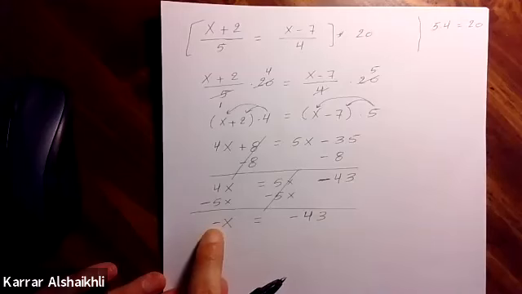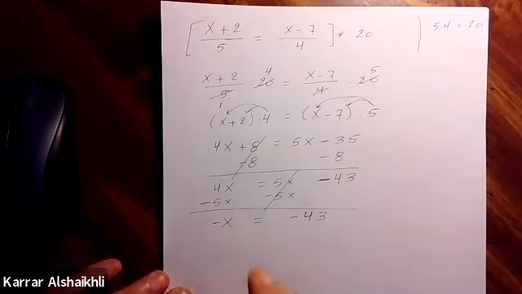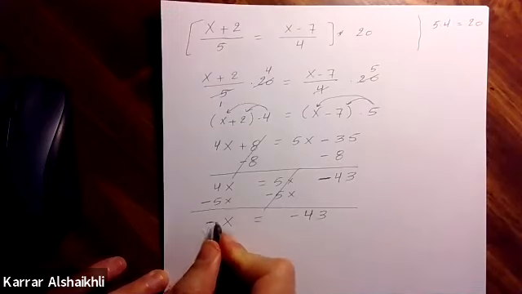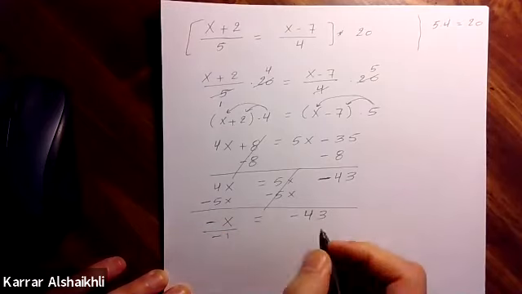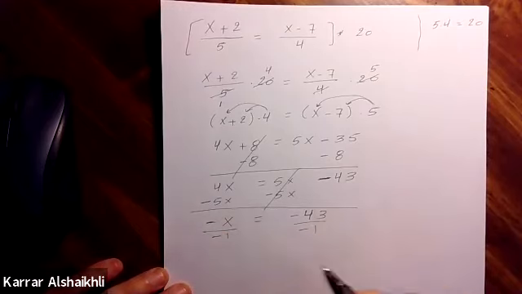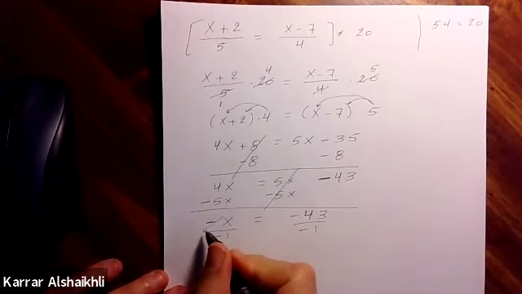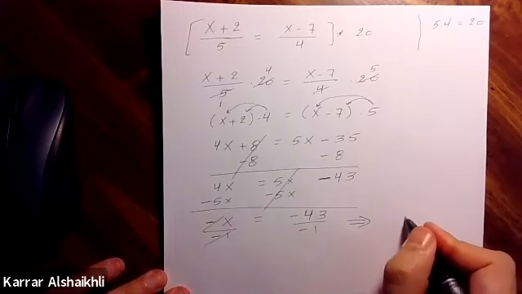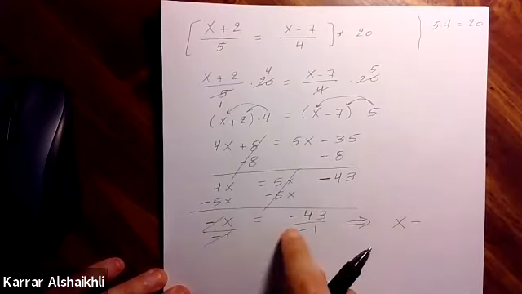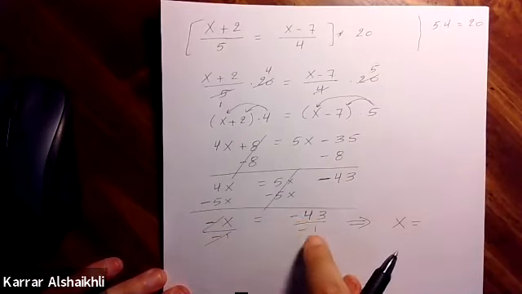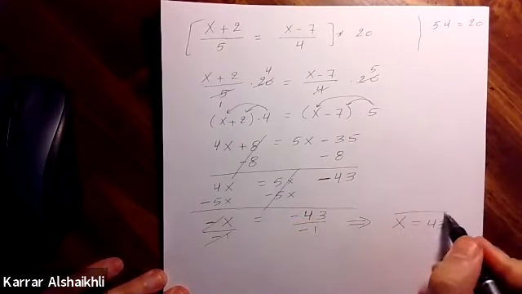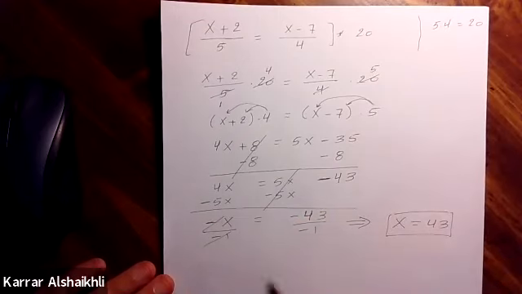By negative 1, because we need to keep the variable here, okay? The invisible 1, so I can say negative 1 and negative 1, because there's an invisible 1 here. Cancel the invisible 1 with negative 1. So x from the left side is going to be equal to negative 43 divided by negative 1, which is 43. So this is the solution for this example.